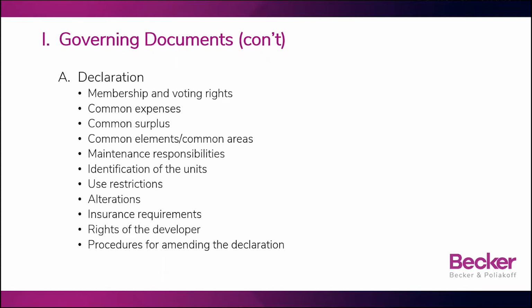Basically, we also will see, like I said before, pet restrictions. That's a big one too in HOAs. Material alterations aren't really much of an issue in a homeowners association, so we don't typically see that in an HOA.